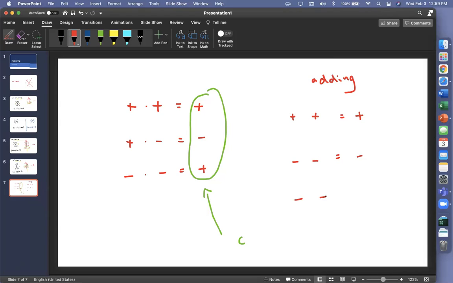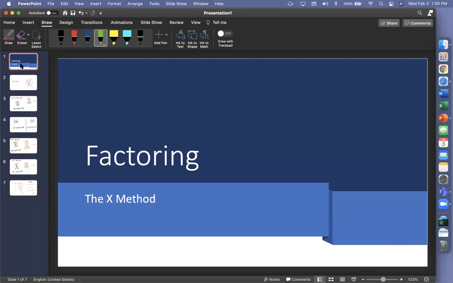And then a negative and a positive could give you either a positive or a negative. This here is B, and we do have a little plus sign because we are adding. So those are the examples for factoring when using our X method.